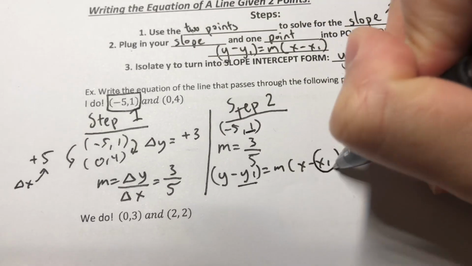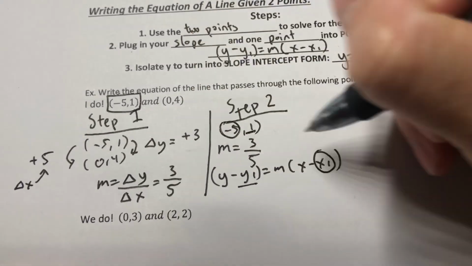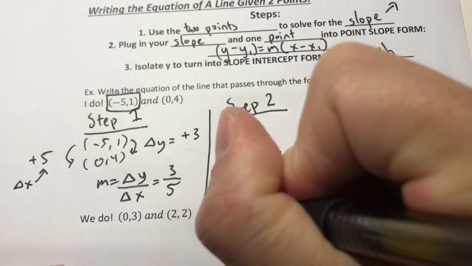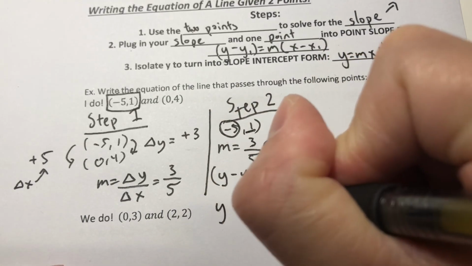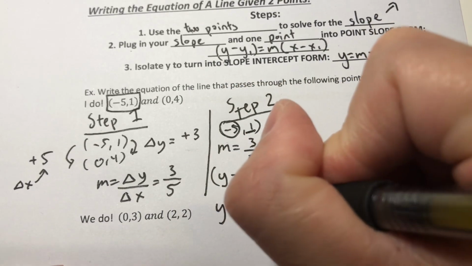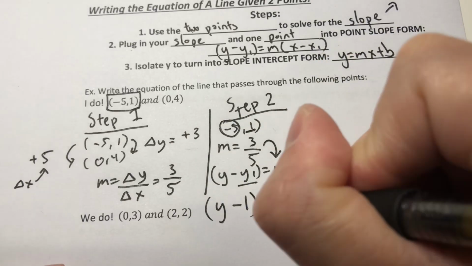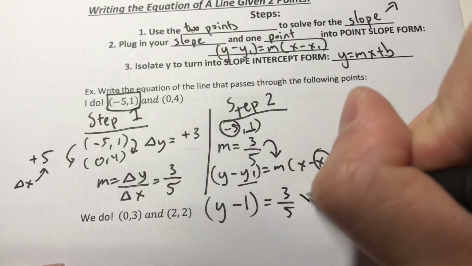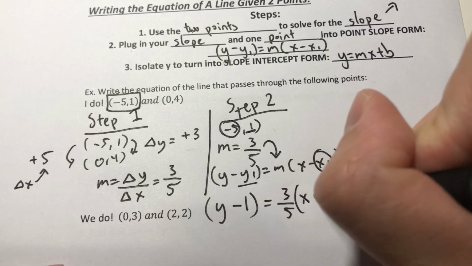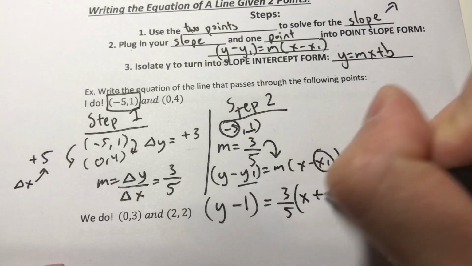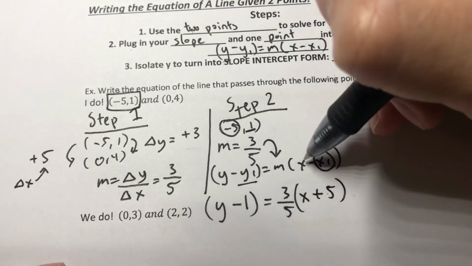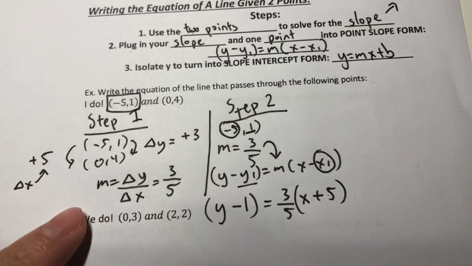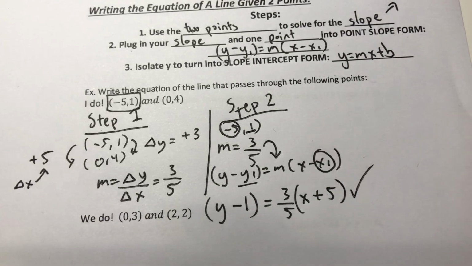My x1 is going to be -5. My m goes right here. So I have y minus 1 is equal to 3 over 5 x minus -5. So I'm going to write x plus 5. So it's going to be x minus, and my x1 is -5, so x plus 5. Alright, this is step 2.